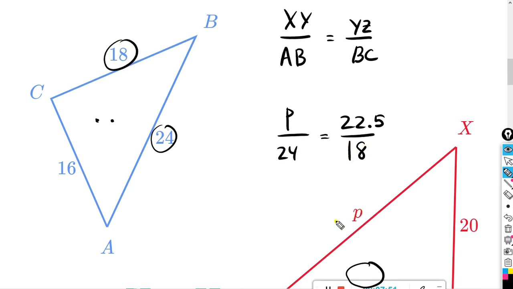This time I'll cross multiply. P times 18 is going to equal 24 times 22.5.